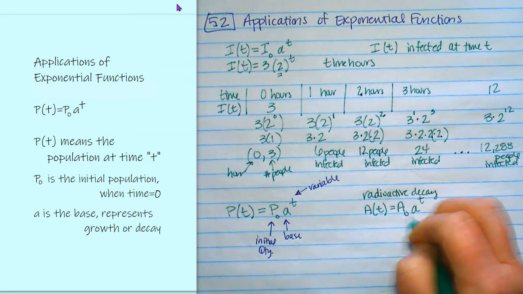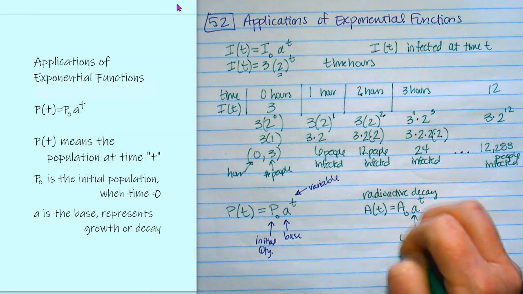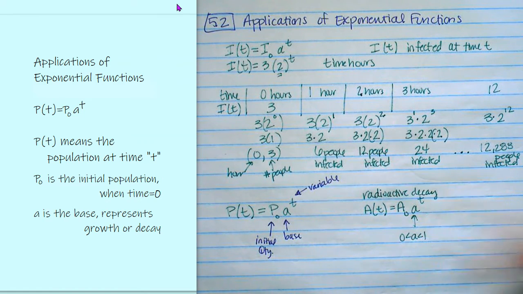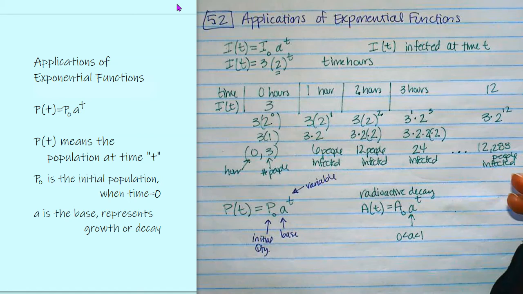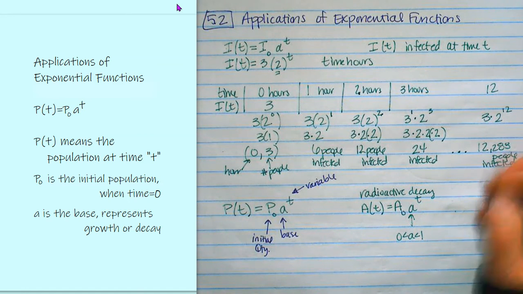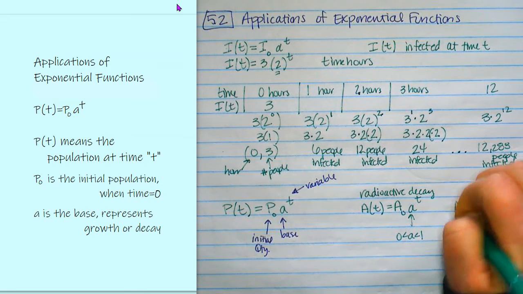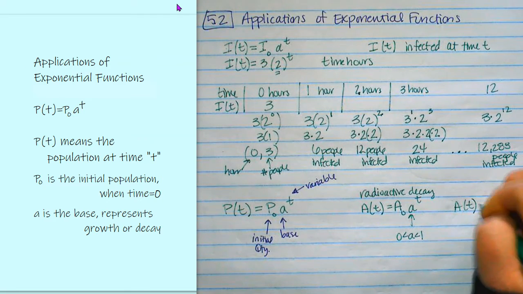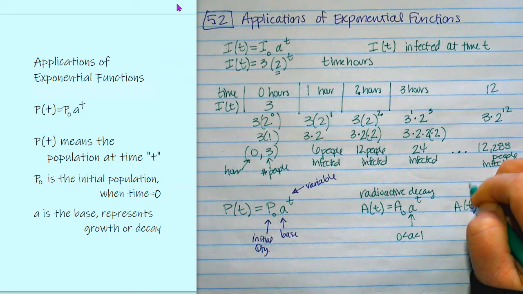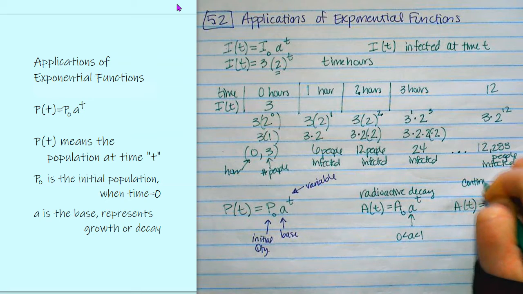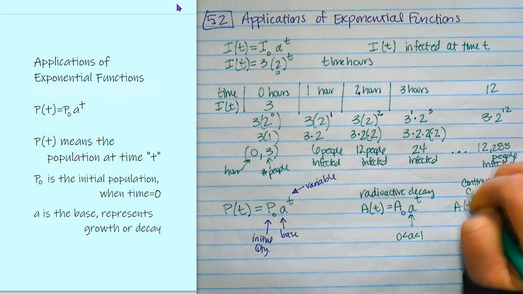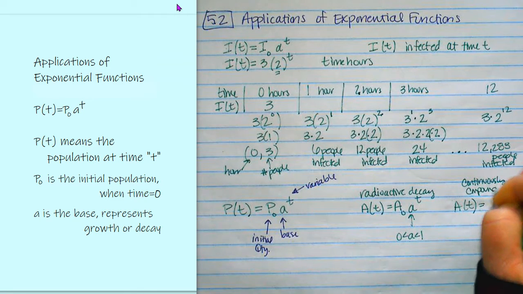But if it was decay, then this A is going to be between 0 and 1. So it would be decay if it's between 0 and 1. And then our last one, I'm going to show you right here, it will be the amount at time t, and where this is going to be continuously compounded interest.